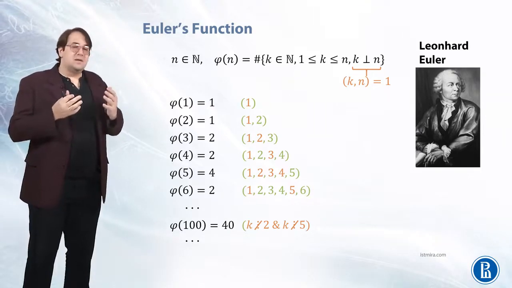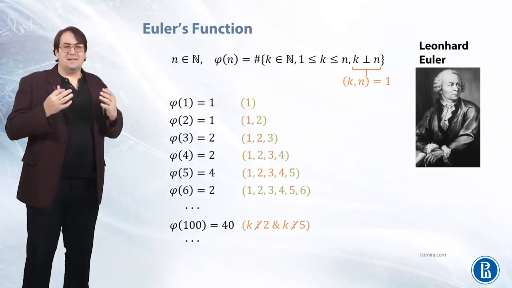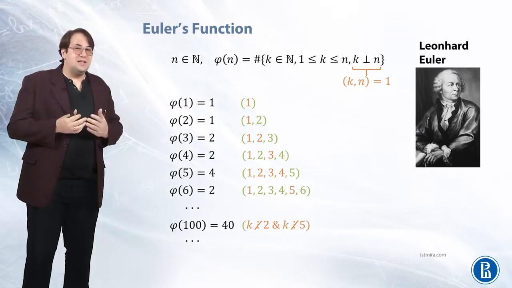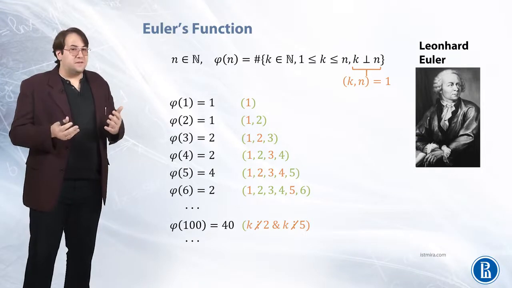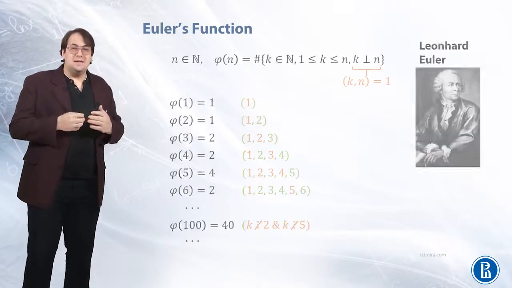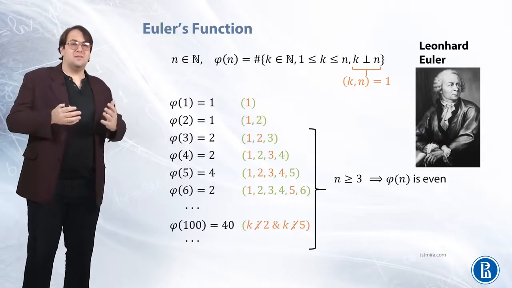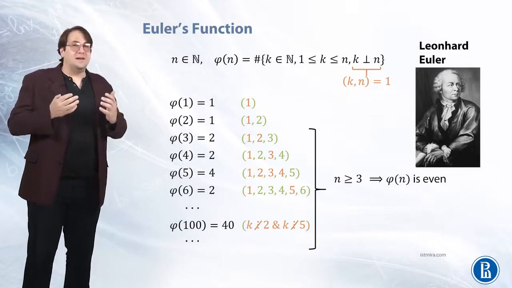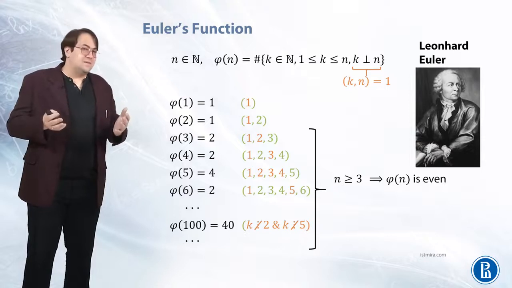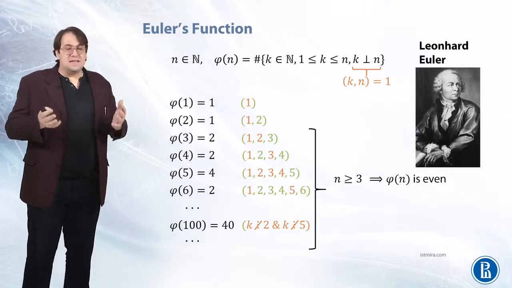And maybe you have noticed that the value of Euler's function is almost always even. Well, indeed, it is a true fact that for all integers n greater than or equal to 3, phi of n is even. Why is this so?